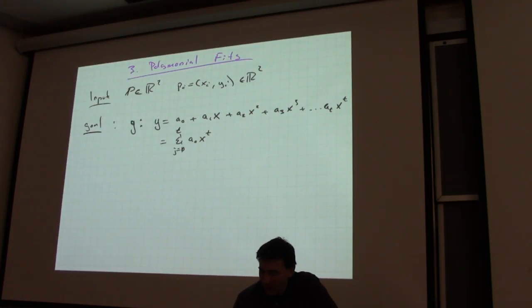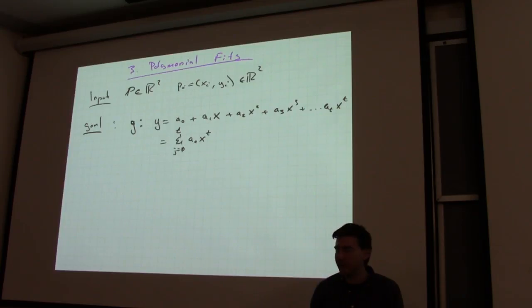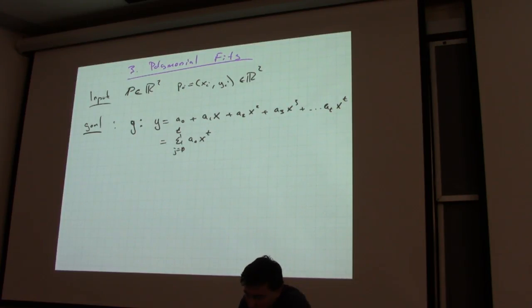Okay? So I want to solve for this again, and again the goal is to find the argmin over A in R^(d+1), so this set of A values that's minimizing all of my data points P of yi minus g defined by these coefficients A of xi squared.